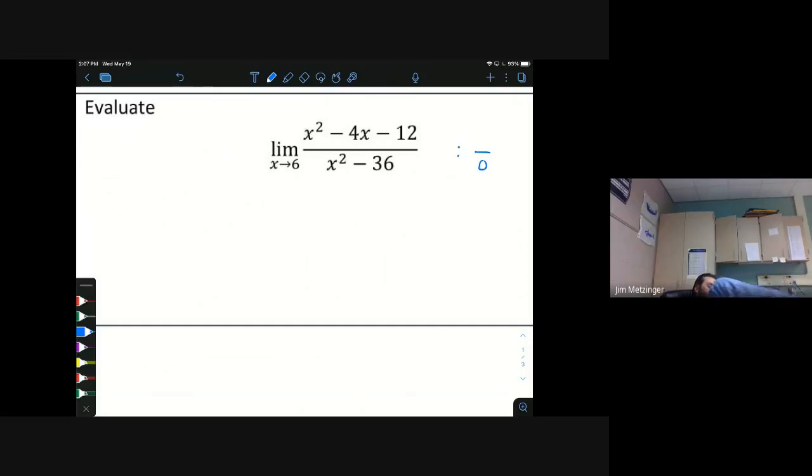What does it do on the top? 36 minus 24 minus 12, 0 on the top. 0 over 0. What does that mean? Indeterminate form. Yeah. What that means is we don't know what the answer is.